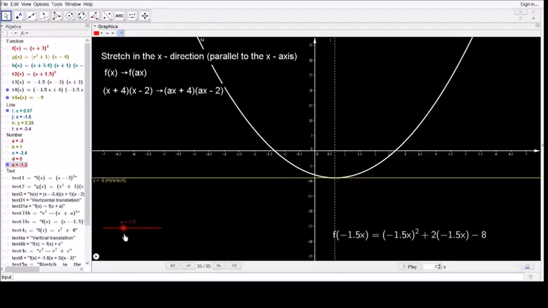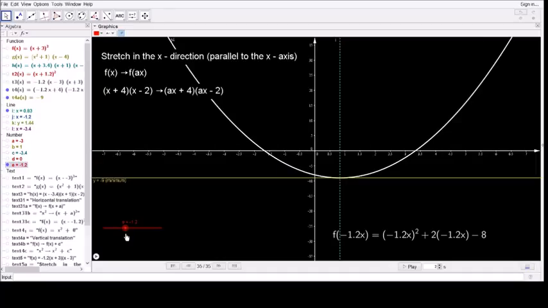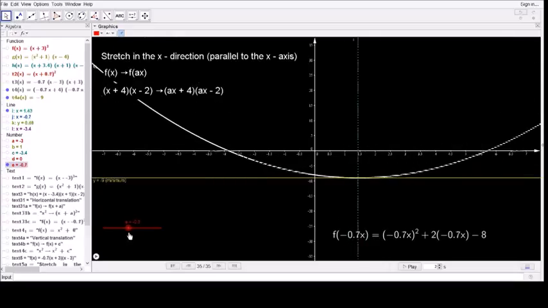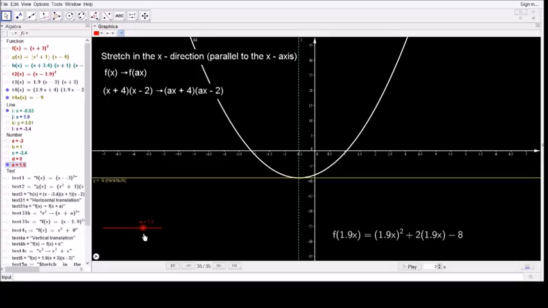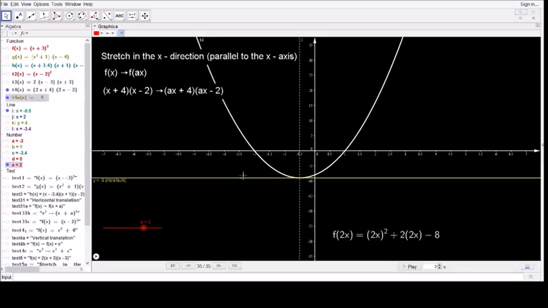So what in fact is happening is that when a is negative, we get a reflection in the y-axis compared to the case when a is positive. For the case where a was equal to positive 2, we had roots at -2 and 1, and the vertex was at x is negative 0.5.